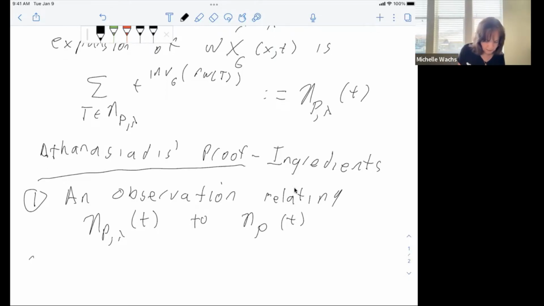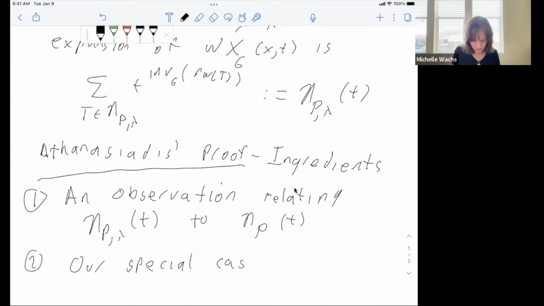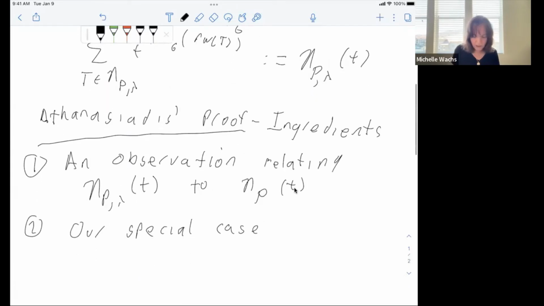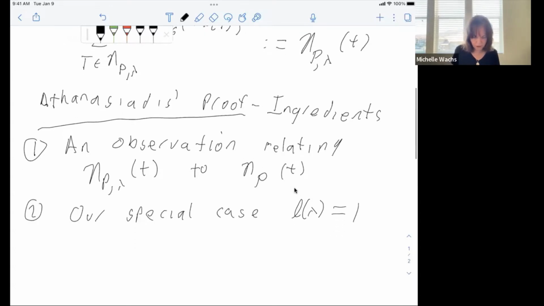The second ingredient was our special case. So John and I proved the special case where there's just one row, or just one part in the partition.